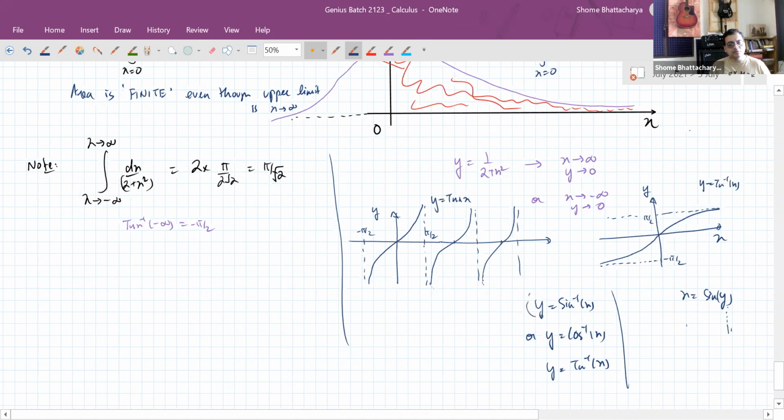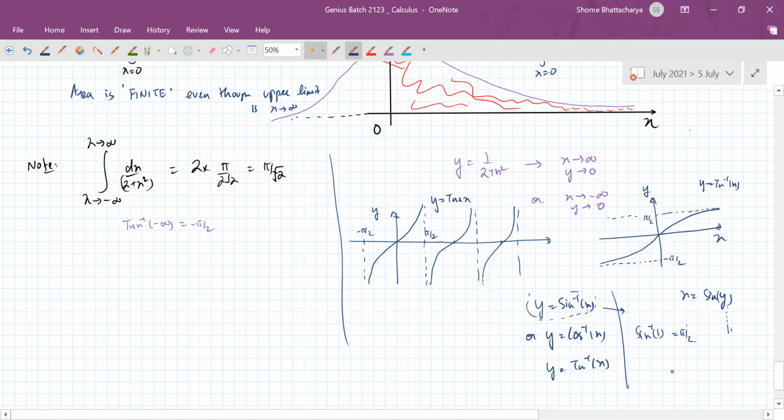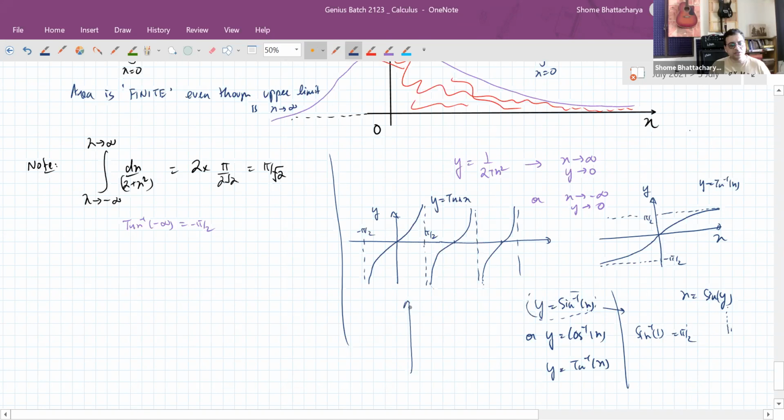But here we can't have that because x is the independent variable and y is the dependent variable. So we cannot take values of x which give us multiple values of y. That is why we define it in such a way that sine inverse of 1 is only pi by 2. It's not 2 pi plus pi by 2. Yes, sir. So that is why the sine inverse function's graph will just look like this.